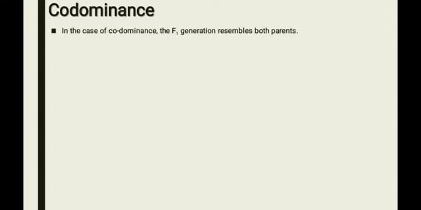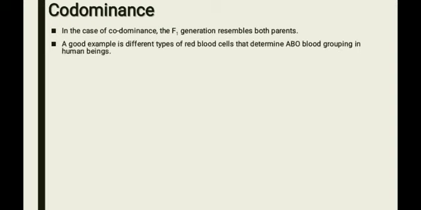So the next is codominance. What is codominance? It is a phenomenon where both alleles in a heterozygous condition express themselves equally. An example of codominance is AB blood group. Another one is multiple allelism.